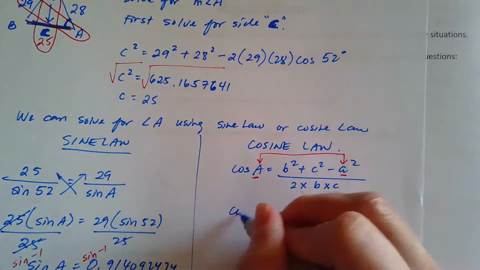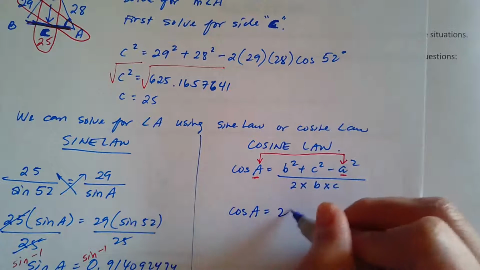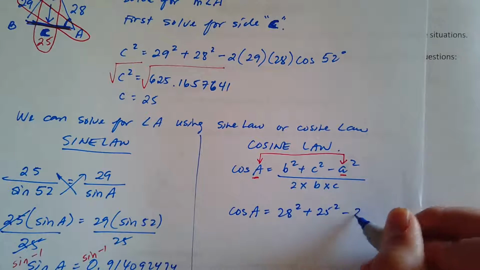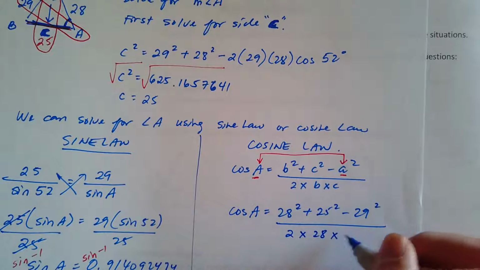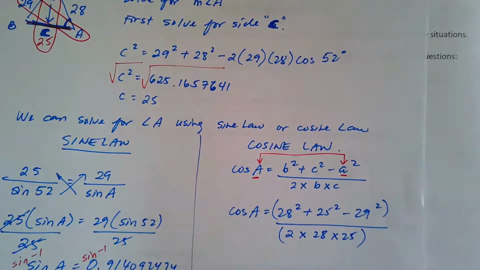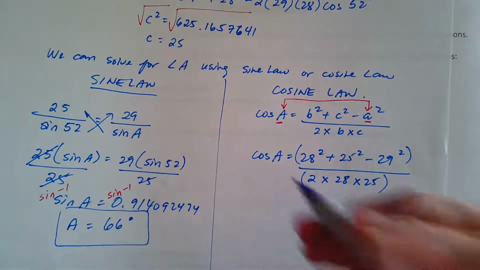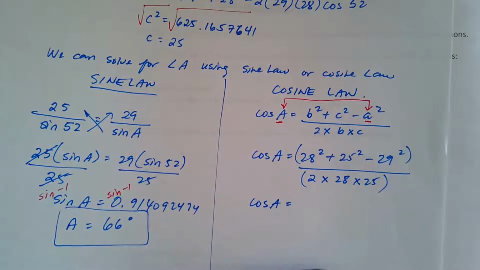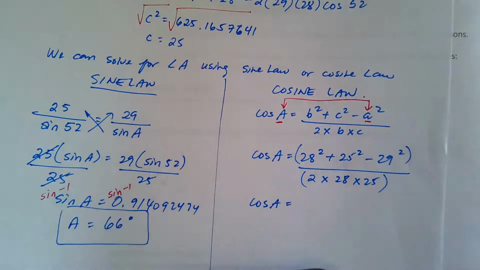So let's do that. Cosine of angle A, so B would be 28 squared plus 25 squared minus 29 squared divided by 2 times 28 times 25. Now I said last time we're going to put a bracket around the numerator and the denominator, so that we can tell our calculator that all of these numbers are part of the numerator and all of these numbers are part of the denominator.